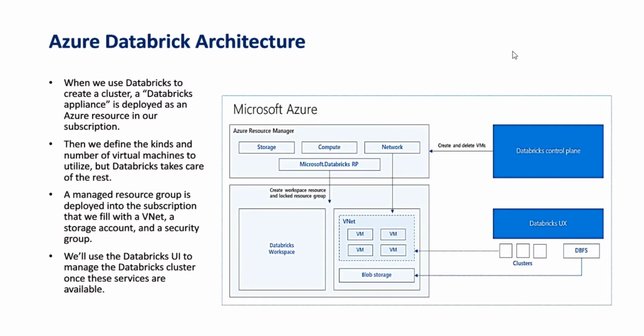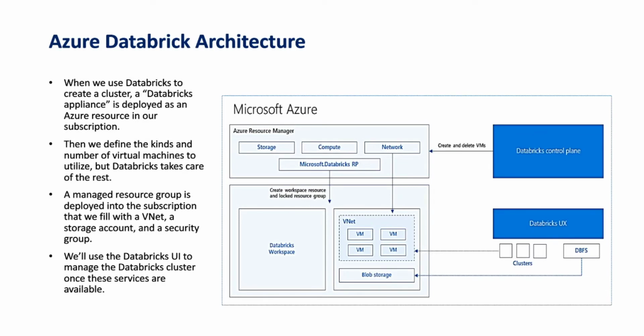Now we will see the Azure Databricks architecture. You can see this particular diagram here. It's a basic architecture of Azure Databricks. This is basically the Azure Resource Manager. Here we have the storage account, compute resources, and network. This is basically a resource group, and it's all created by Databricks. There are two options here.